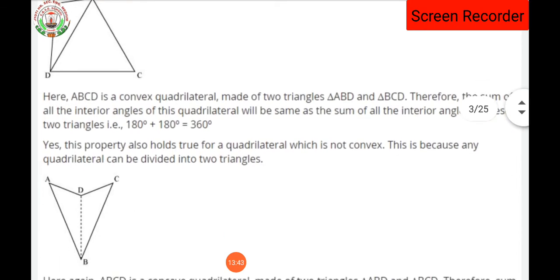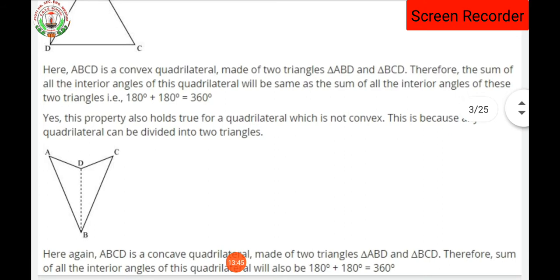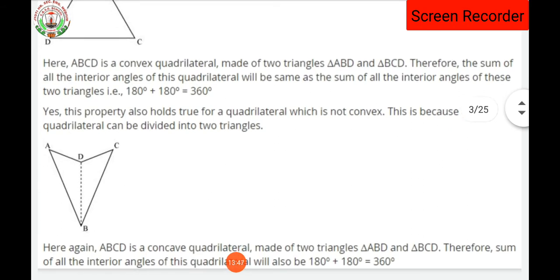This is the figure of a concave quadrilateral. Of course it also happens in the concave quadrilateral, because a concave quadrilateral is also made up of 2 triangles, and adding the angles of the 2 triangles will be equal to 360 degrees. That's why the answer is yes.